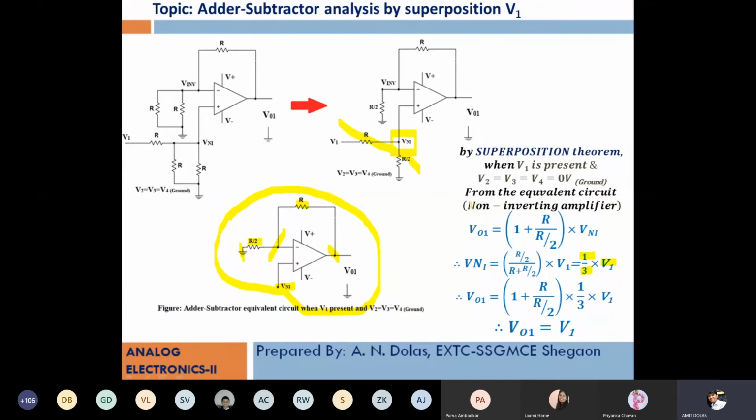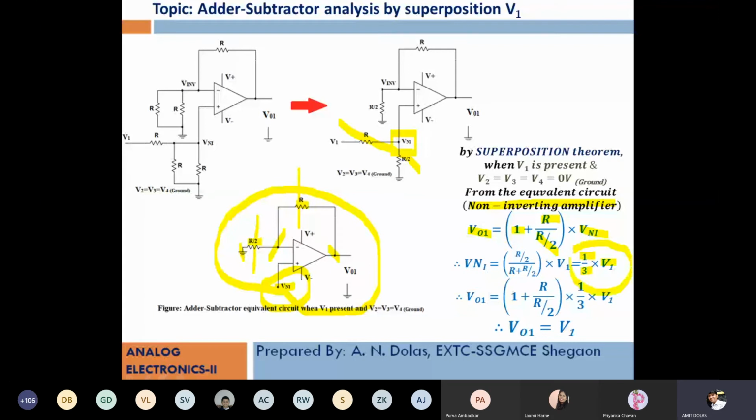The non-inverting gain is 1 plus feedback resistance, which is R, divided by input resistance R by 2, multiplied by the non-inverting voltage VNI. And what is the value of VNI? VNI is V1 by 3.